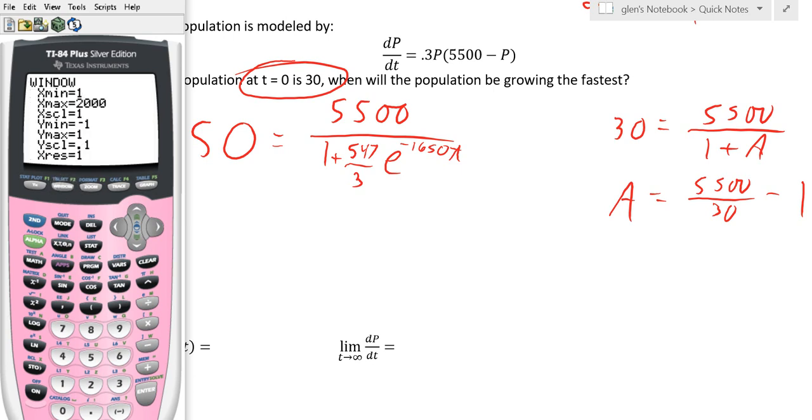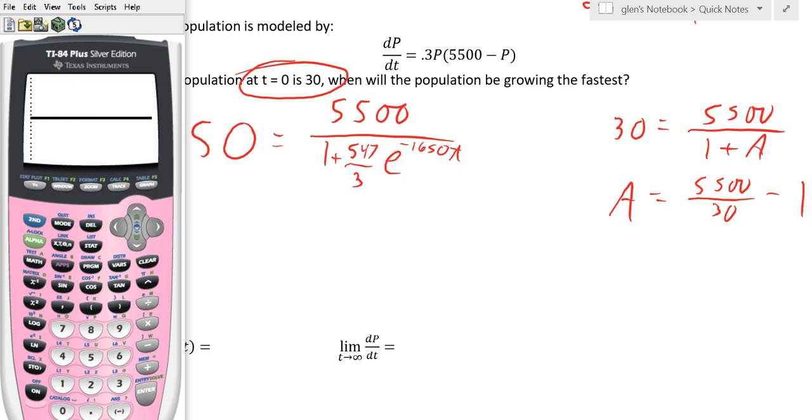Why is it not happening? Did I put it in wrong? 5,500 over, parenthesis, 1 plus 547 over 3, E to that, close that, minus 2,750. That's right. Am I finding it yet? It's not going to take 20,000 years.